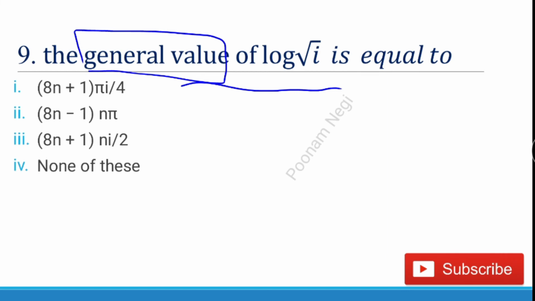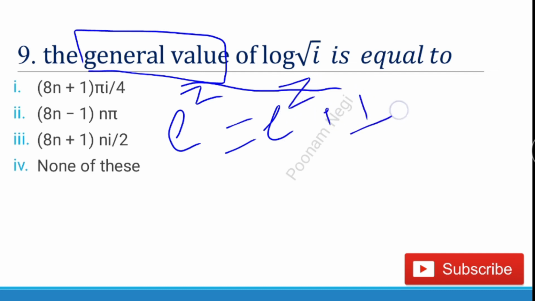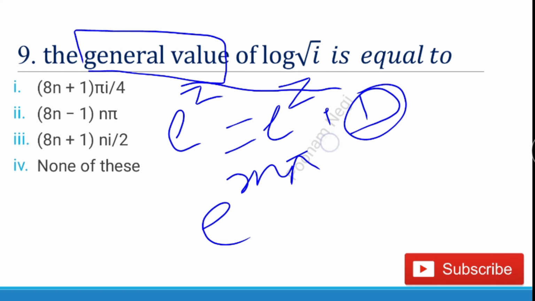Because the logarithm of a complex number has many values. e to the power z can be written as e^z times 1, but this 1 can be written as e^(2nπi).